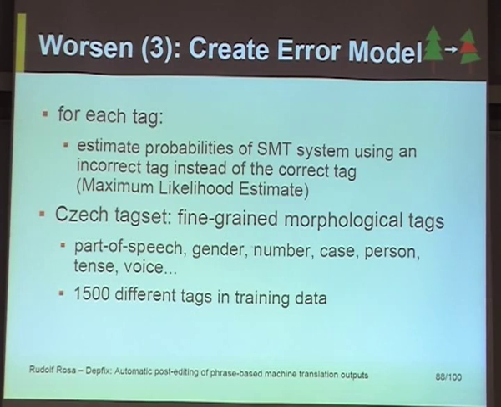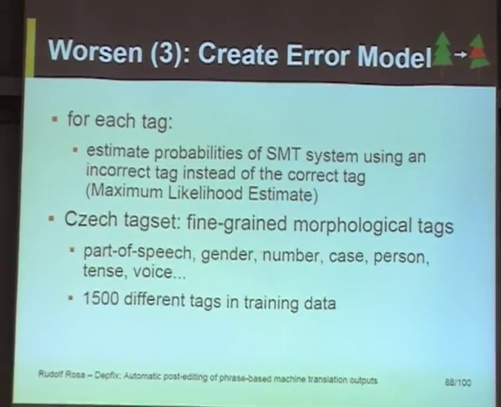So now we use it to estimate an error model. We use maximum likelihood estimate for that, and we use the Czech tag set. We want to estimate the probability that a correct tag will get changed to an incorrect tag in the translation. So, for example, the probability that the correct one is a noun in nominative, but instead we will see a noun in accusative.